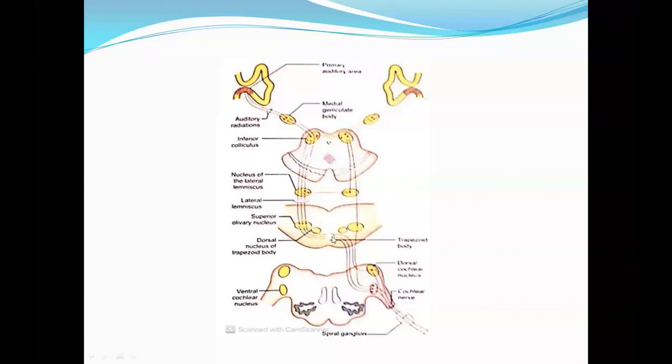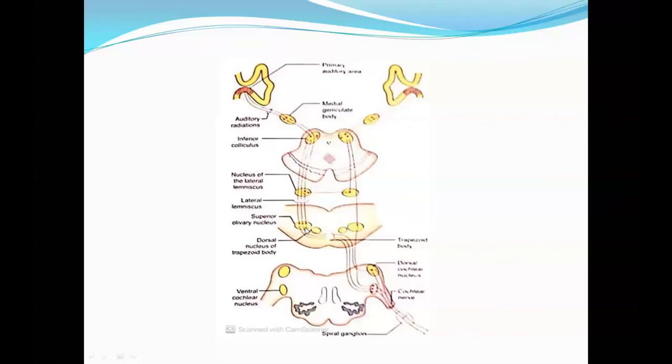The fibers go bilaterally and also contralaterally to the trapezoid body. See, there's a dense innervation that leads to the discrimination of the sound, so high discrimination of the sound is possible.